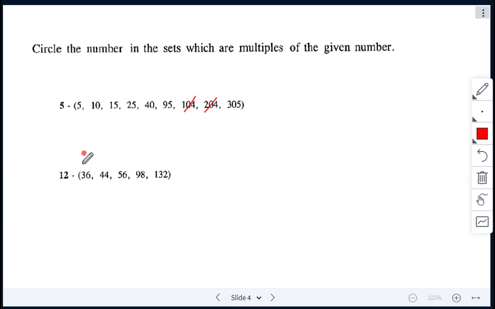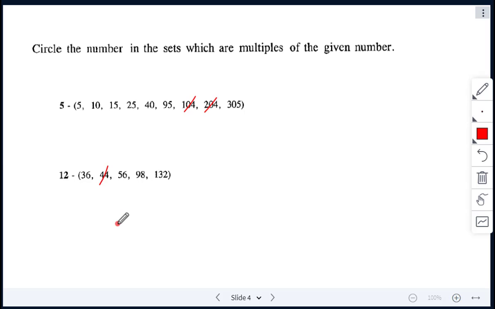All right, next we have the number 12. Which ones are multiples? Which ones are not? Looking at 12, 12 times 3 is 36. 12 times 4 is 48.